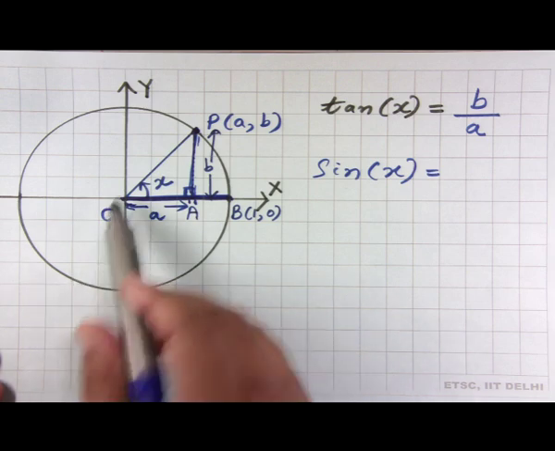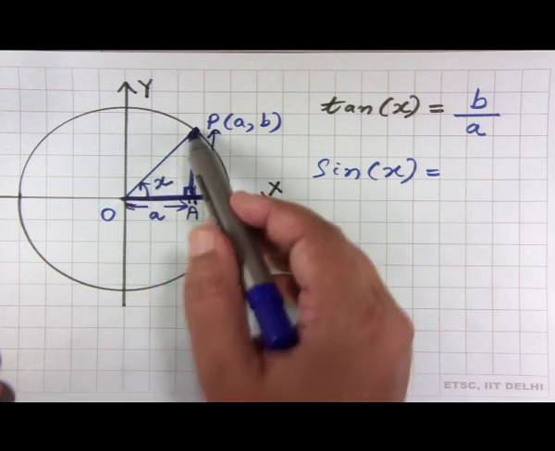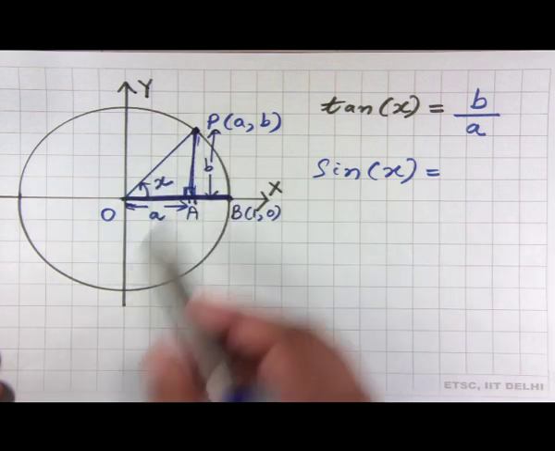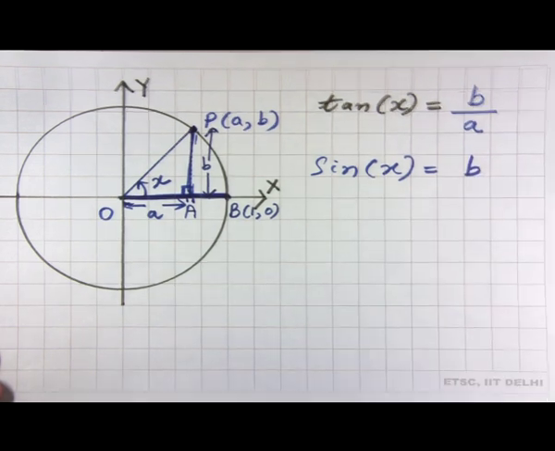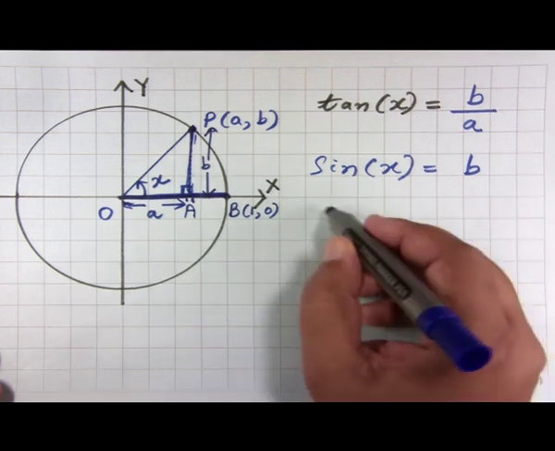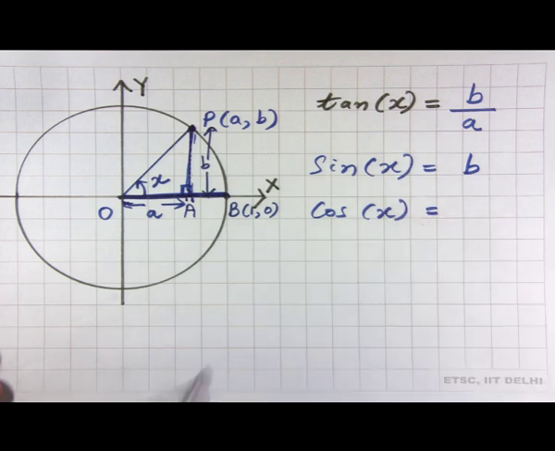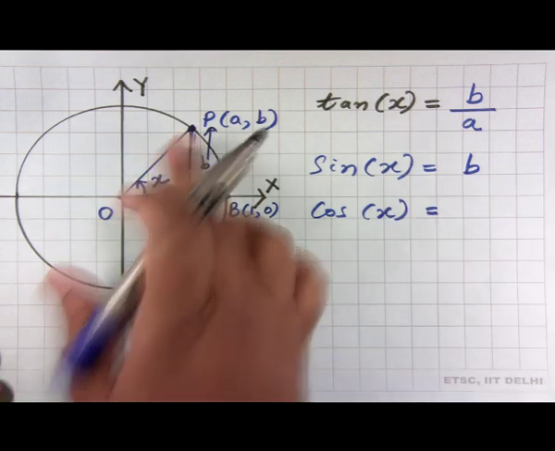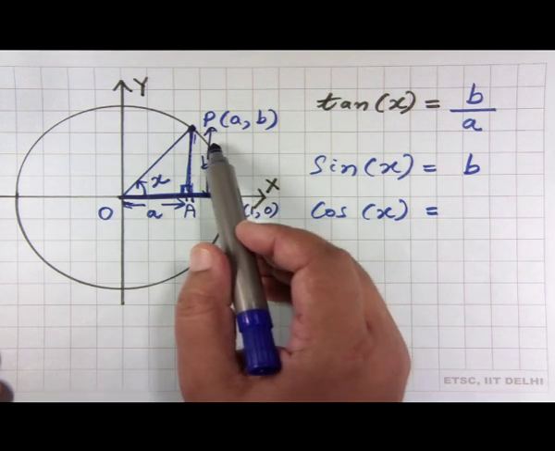But since this is a unit circle, this hypotenuse is actually a radius of unit length, and therefore sin x was simply equal to the y coordinate of this point P, and cosine of x was equal to the length of the adjacent side of this right angle triangle, which is nothing but the x coordinate of this point P, which is a.